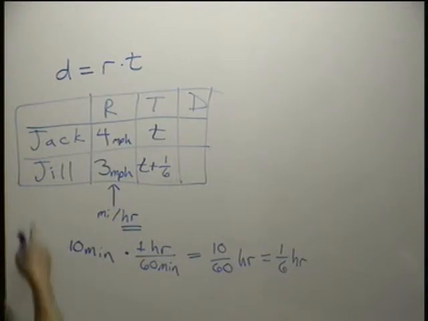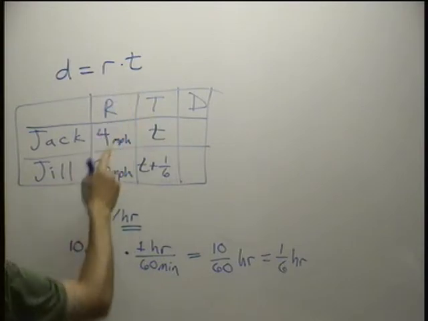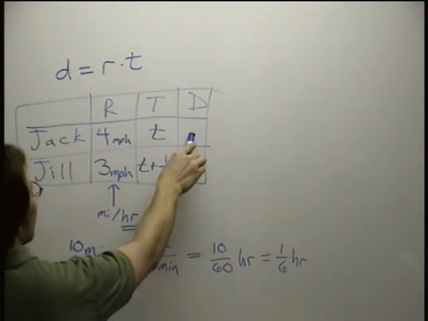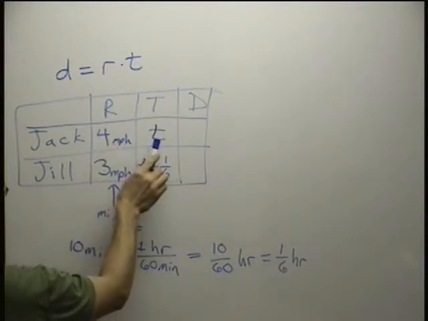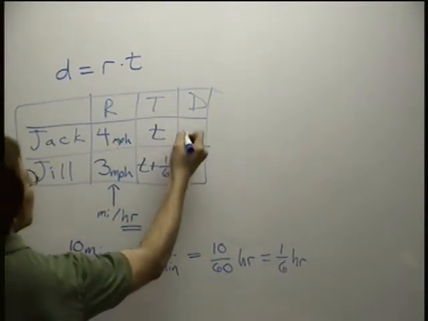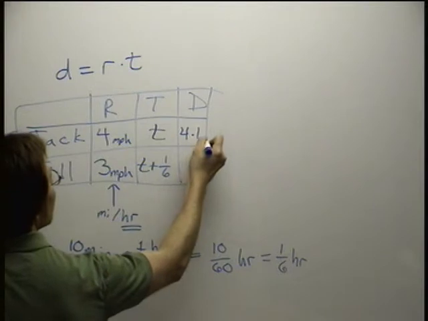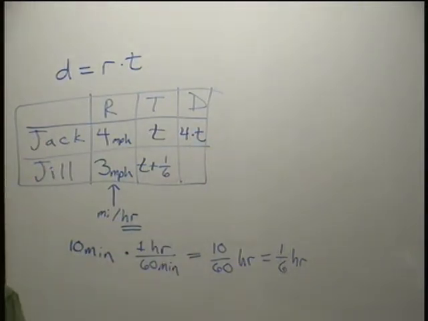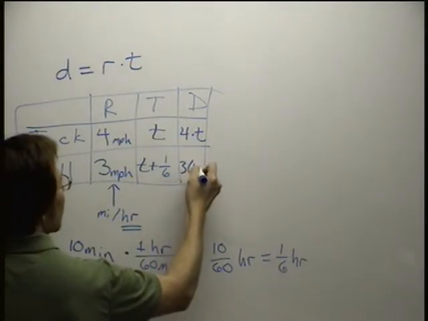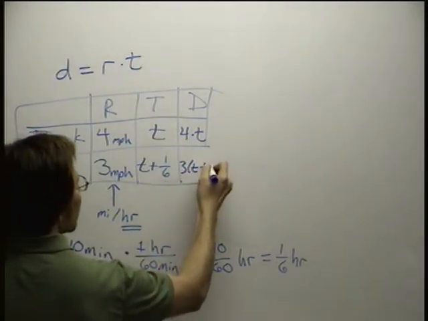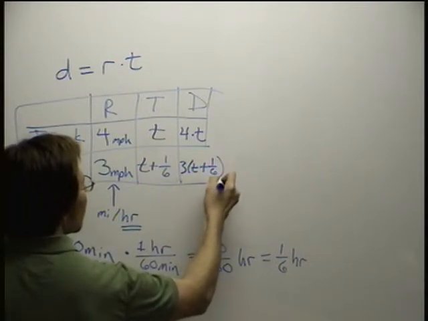This is where we're going to use our formula, because to find Jack's distance, we need to multiply Jack's rate times Jack's time. So 4 times t is Jack's distance. Same thing with Jill's distance: 3 times t plus 1/6.